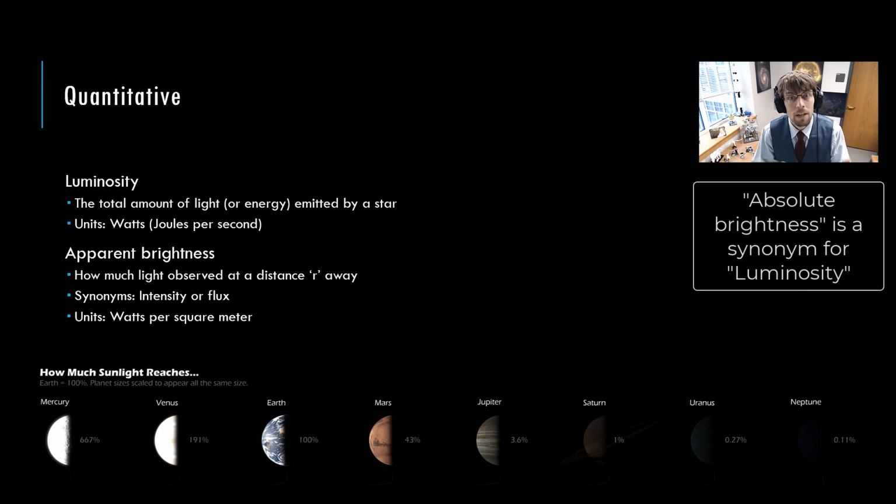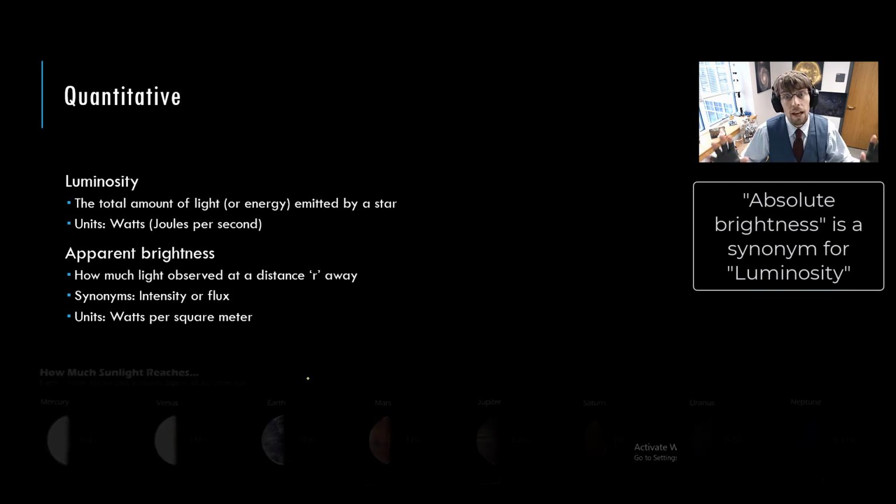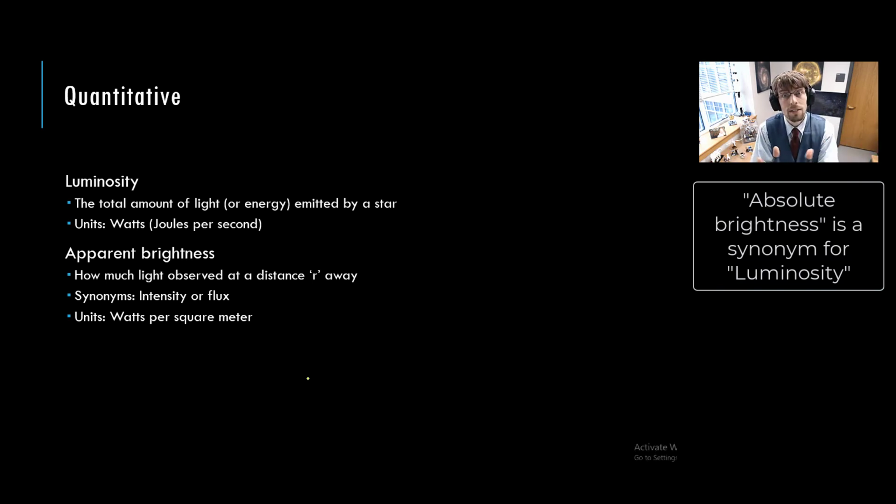Okay? Now there's a quantitative relationship, and you can probably already give it to me now. If I take the total luminosity of a star and I divide it by the surface area of a sphere surrounding the star, that will tell me how much light each solar panel on the surface of that sphere collects.